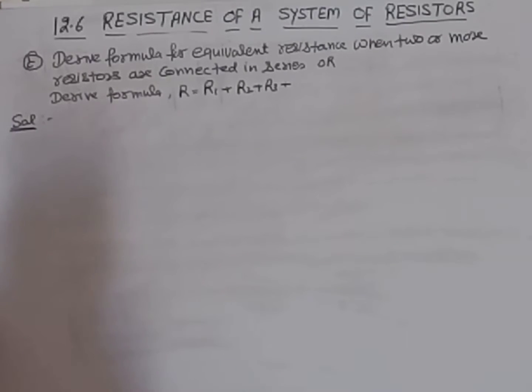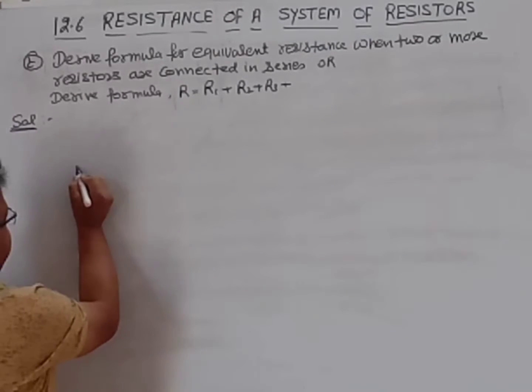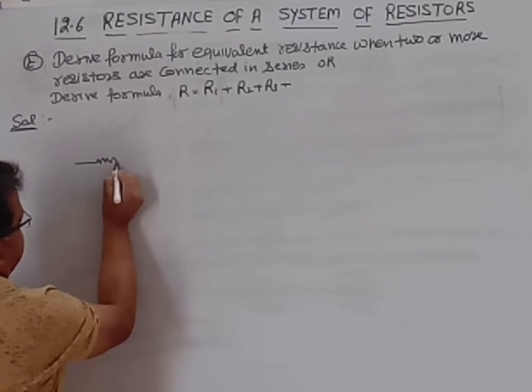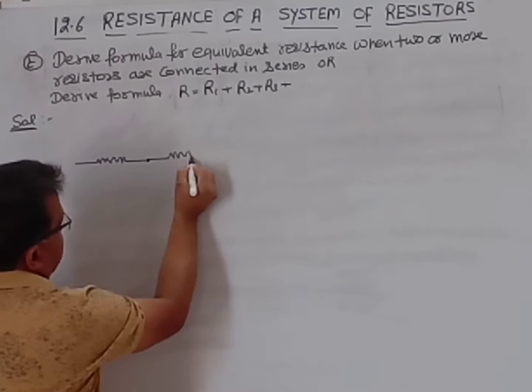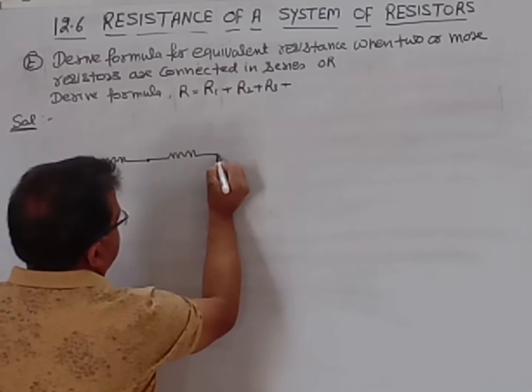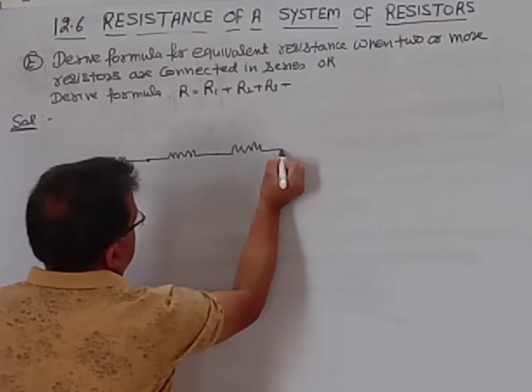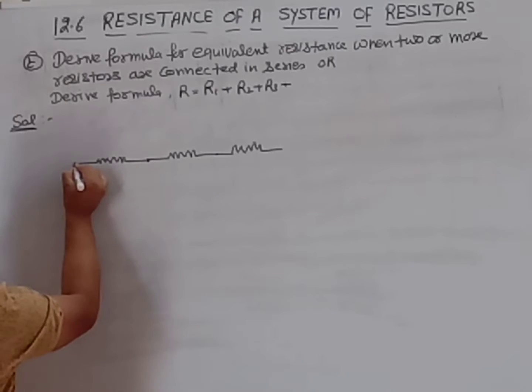For that, at first we shall draw the diagram. 1, 2, these are three resistors.